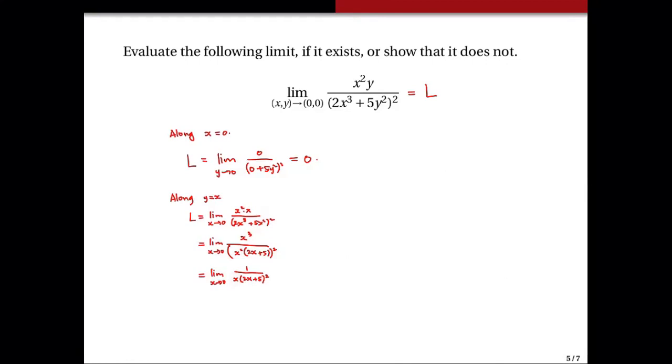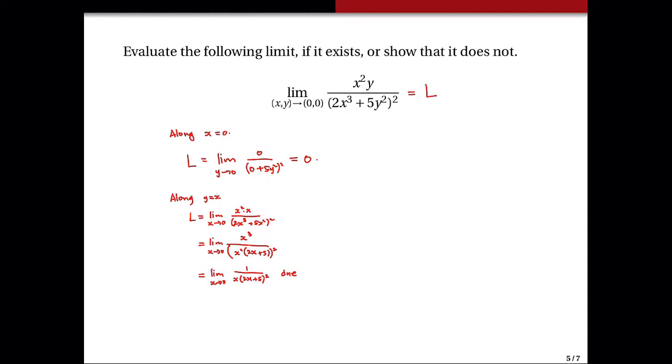And therefore, this does not exist. As x goes to 0, this does not exist. It could be either plus infinity or minus infinity, depending on where the x is coming from, either from the left of 0 or from the right of 0.